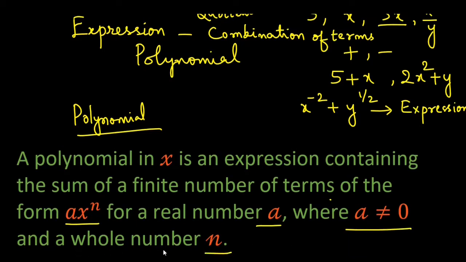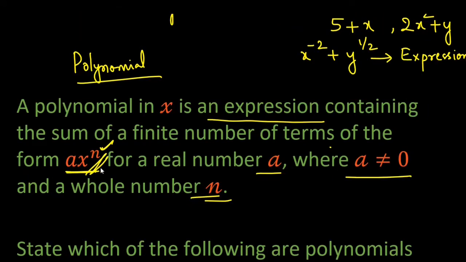It contains terms only in this form, ax power n. Here n is a whole number. If n is not a whole number, then that is not a polynomial.